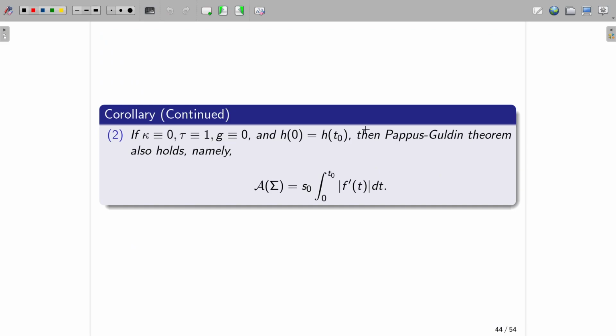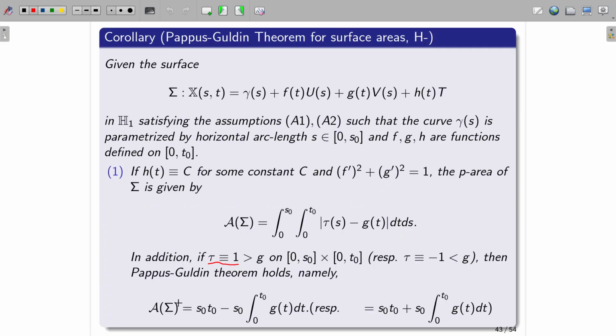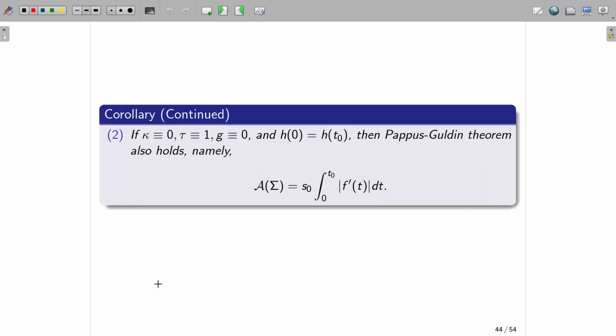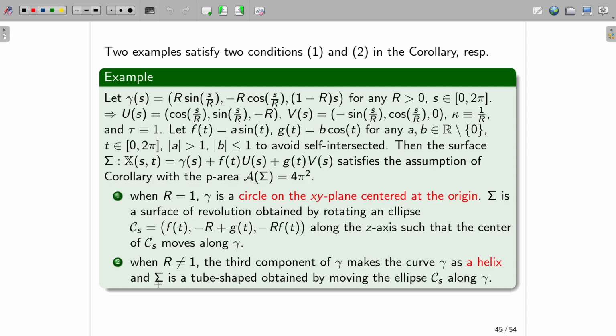So there are two cases where the Pansu theory holds, like this and this. And I also show two examples satisfying conditions 1 and 2 in the corollary respectively. The first one is a circle on the xy plane centered at the origin, and the other one is the curve which is a helix.